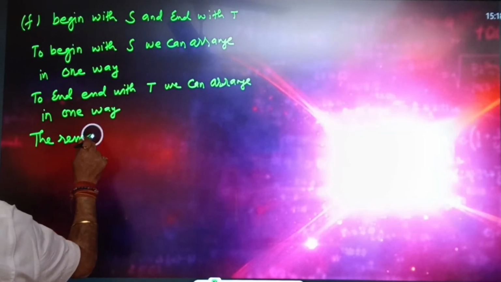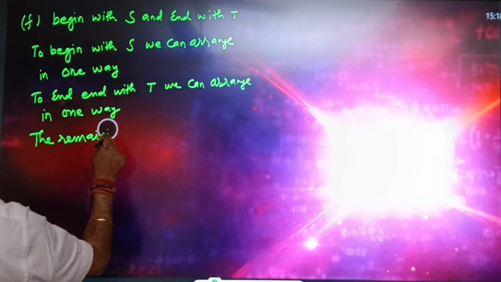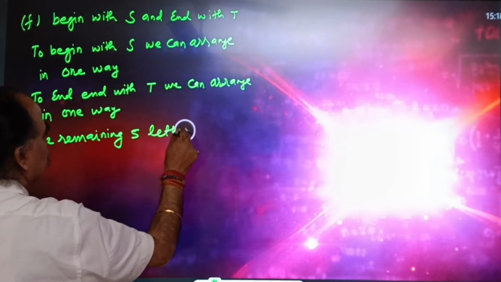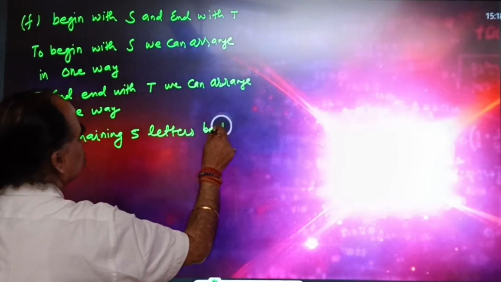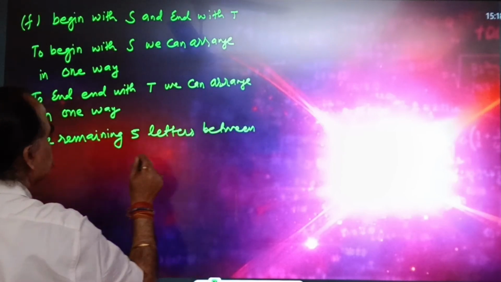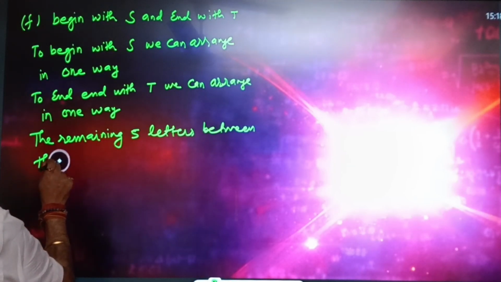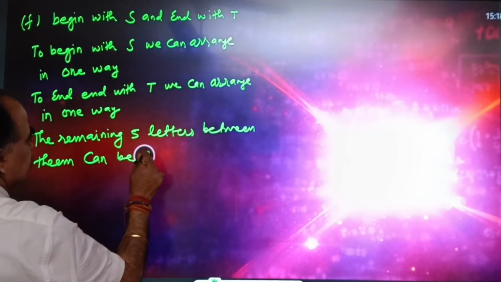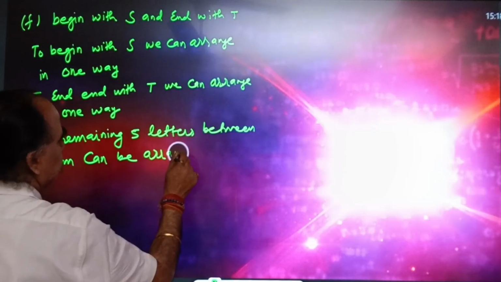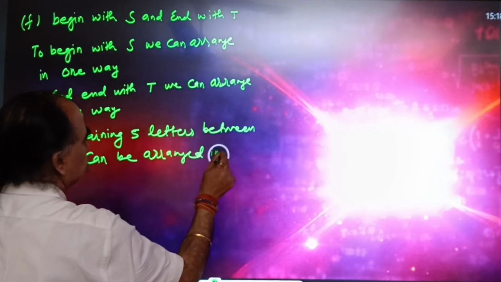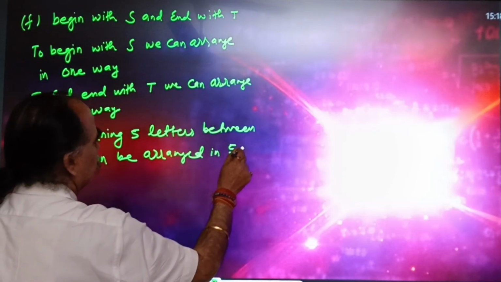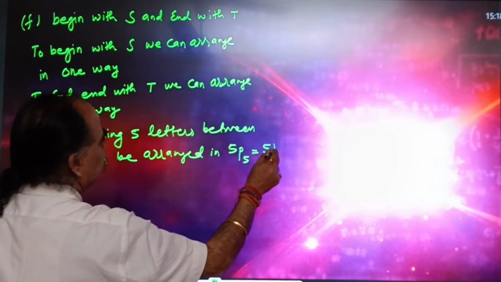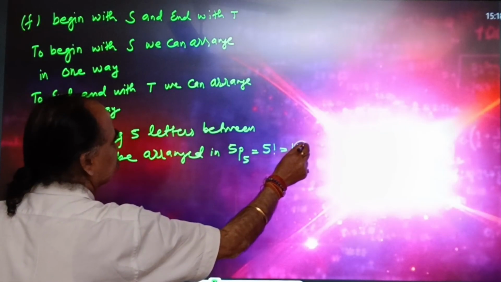The remaining five letters between them can be arranged in 5P5, 5 factorial is equal to 120 ways.